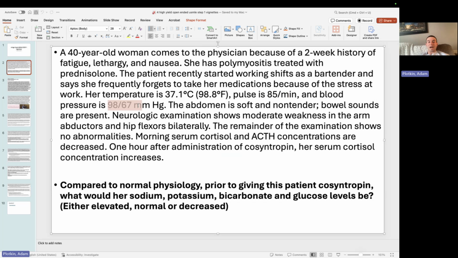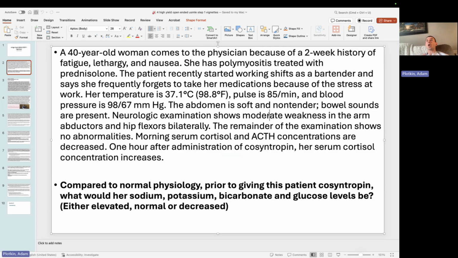So their blood pressure is 98/67, which is relatively low, right? I would expect their pulse to at least be around 100, if not higher. So this is what I call relative bradycardia, right? Again, we talked about the blood glucose, so I'm already giving you that answer, right? The blood glucose would be low in both primary and secondary adrenal insufficiency, all right?